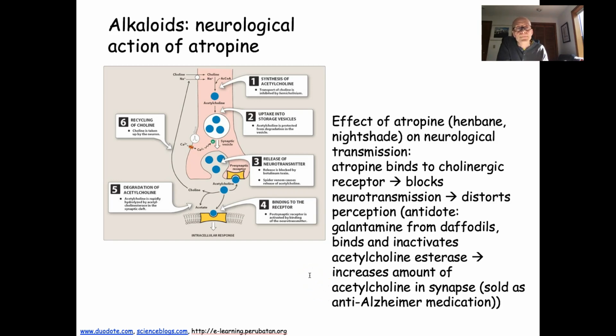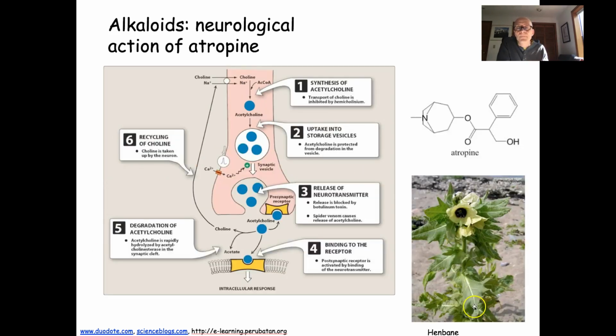But it's an interesting, historically interesting compound from plants, because if you think about all of these substances that come from flowers that you grind up, there's a daffodil and there's this henbane.